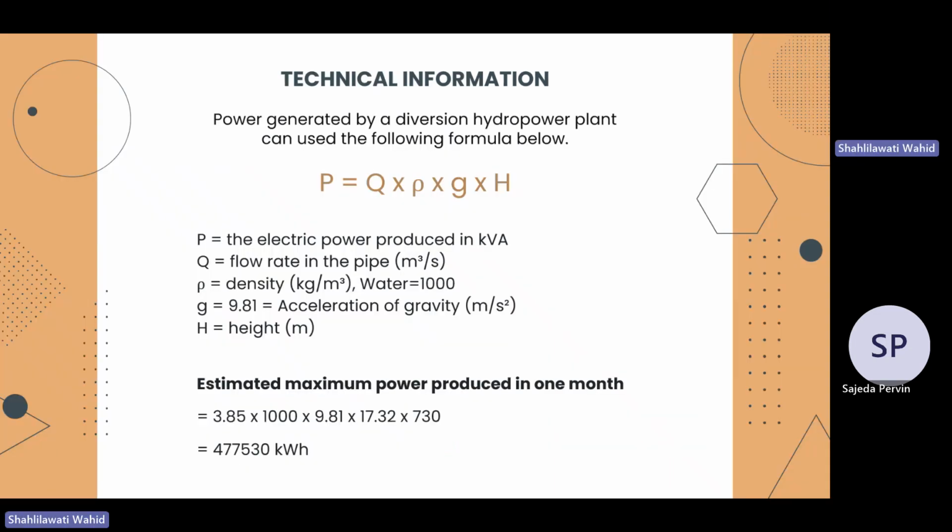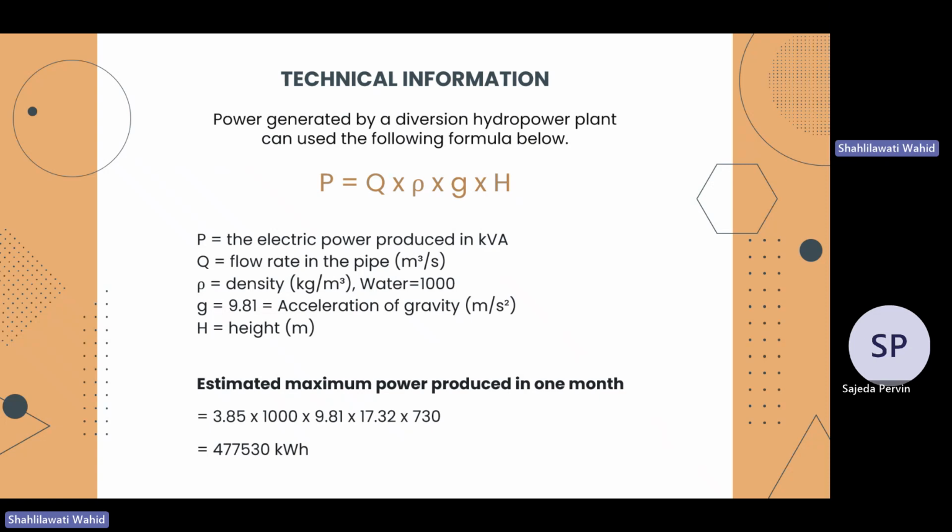Here is some technical information on how the power can be calculated using this formula. The electric power will be equal to the flow rate in the river or the pipe, multiplied by the density of the water, which is 1,000 kilograms per cubic meter, multiplied by the acceleration of gravity, which is 9.81 meters per second squared, and the height it falls from.